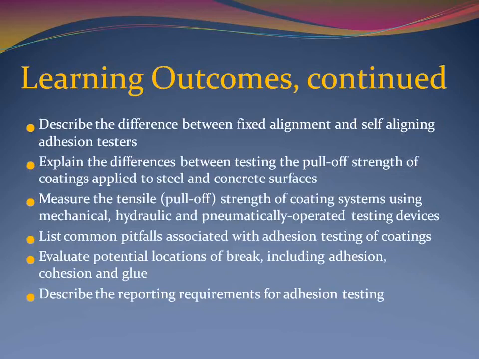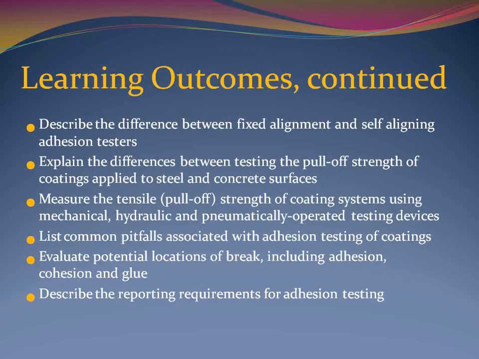You should also be competent in describing the basic difference between adhesion testers that are fixed alignment versus those that are self-aligning. You should be able to explain the difference in procedures when evaluating coating adhesion on concrete versus coating adhesion on steel. Measure the tensile adhesion of coatings using 5 different adhesion testers, including 1 fixed alignment tester and 4 self-aligning testers.